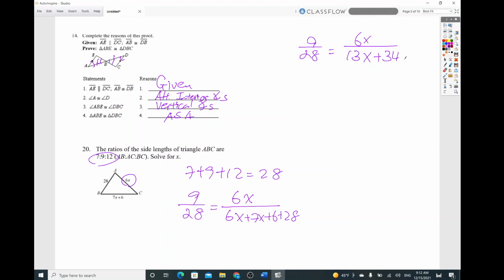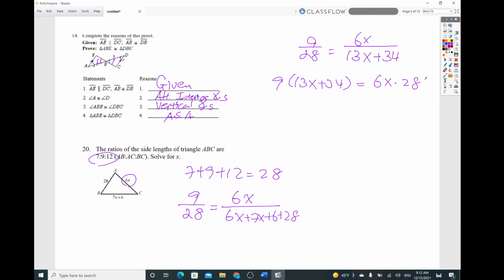And then from here, you want to cross multiply, because that's a proportionality. So check things that we can reduce, nothing we can reduce, so simply cross multiply. So we got 9 times 13x plus 34, so that equals 6x times 28. And then the rest of that, just solve for x.